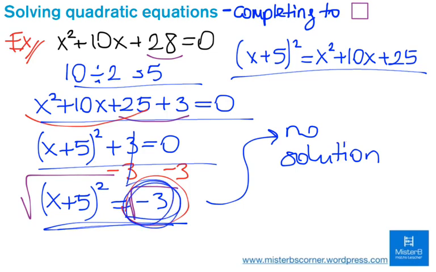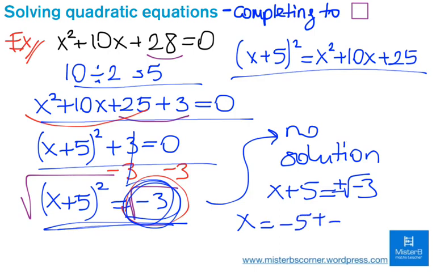This is not a real number. So I cannot go on with my solution. I cannot say x plus 5 equals plus or minus square root of negative 3. So it's not going to be x equals minus 5 plus square root of negative 3.